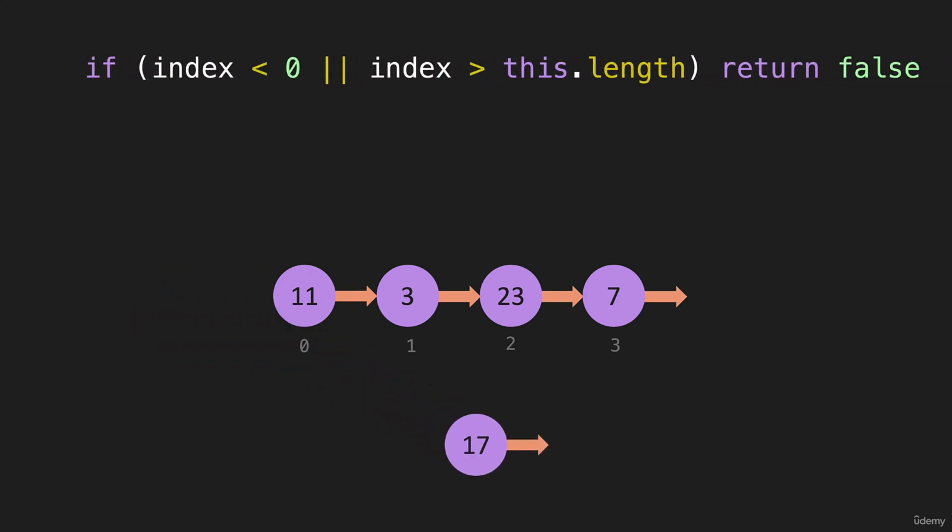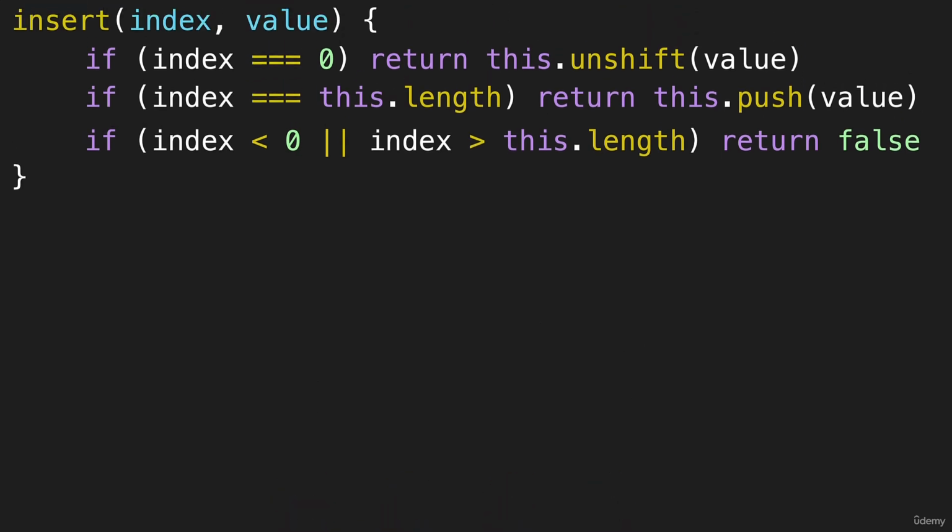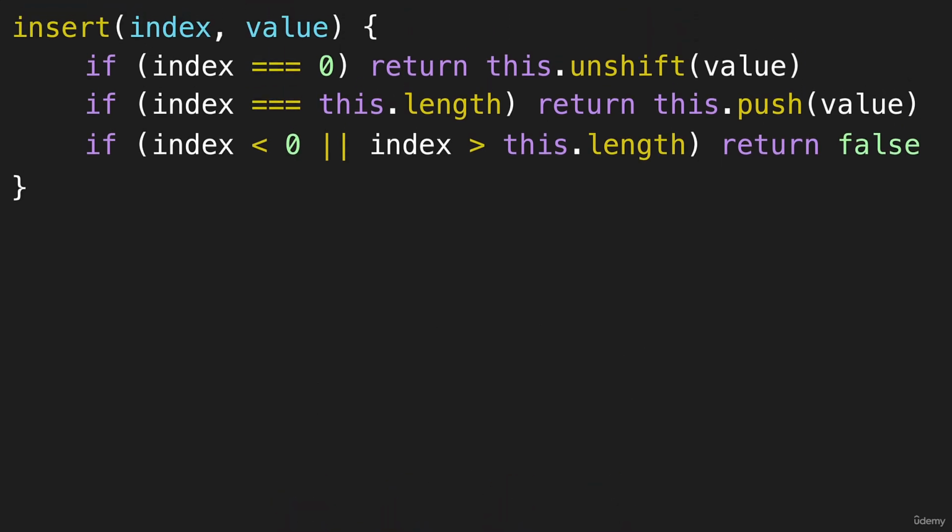So we can say if the index is less than 0 or if the index is greater than the length, we'll return false. So let's go ahead and look at our 3 if statements here and what we've done. Here is what we would do if we were putting this at the beginning of the linked list. This is for if we put it at the end, and this is if it's out of the possible range.